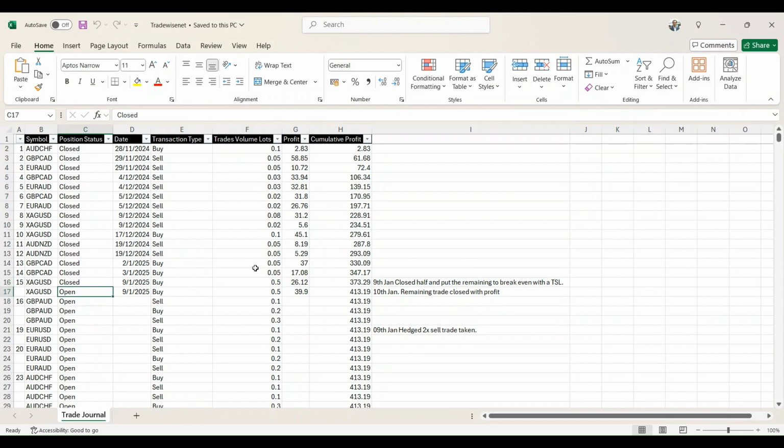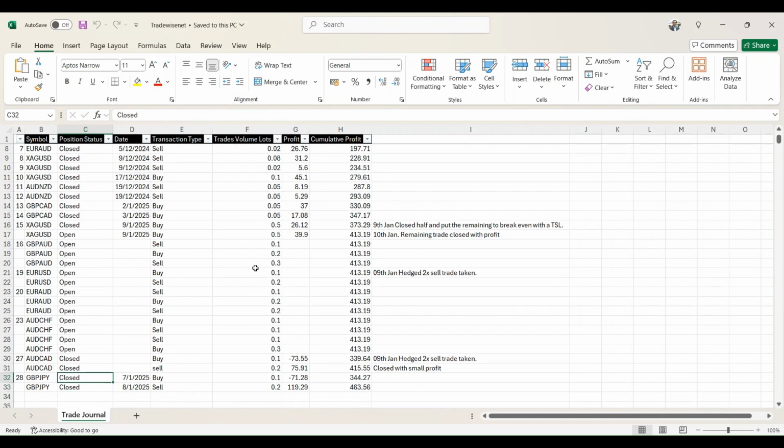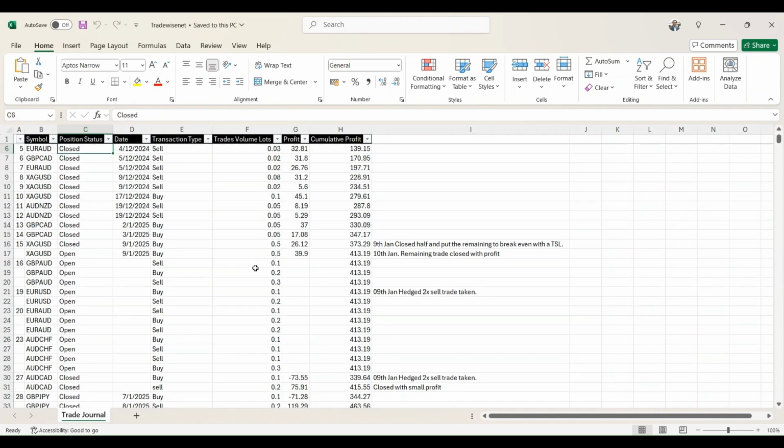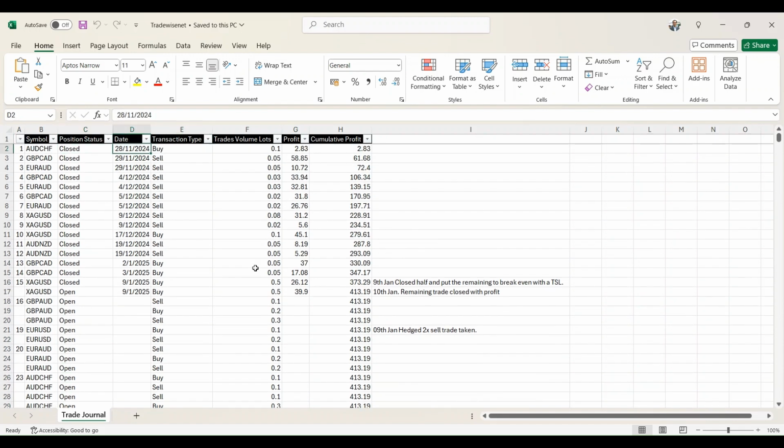A bunch of them are closed, some are open, some recent ones got closed. It shows the date of the trade, which direction I'd taken it in, buy or sell, the lot size overall, whether I made a profit or a loss on them, and a cumulative profit as well. I started this new sheet at the end of November, so I'll continue to maintain it.